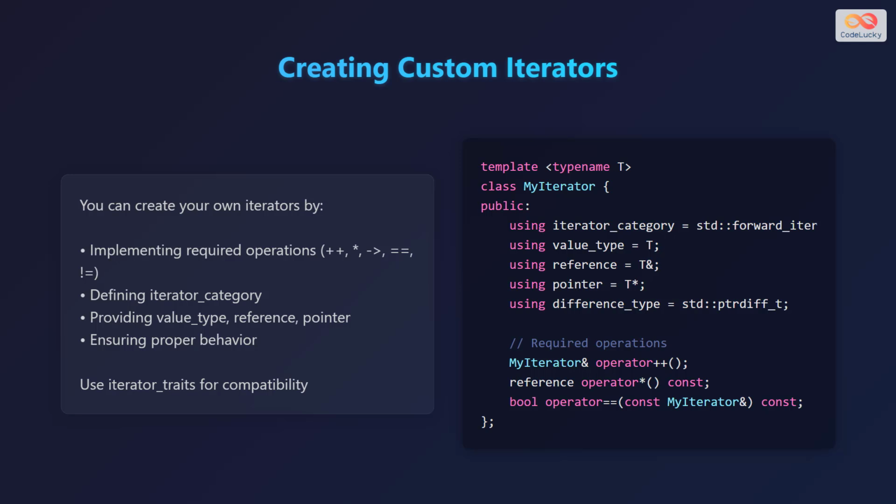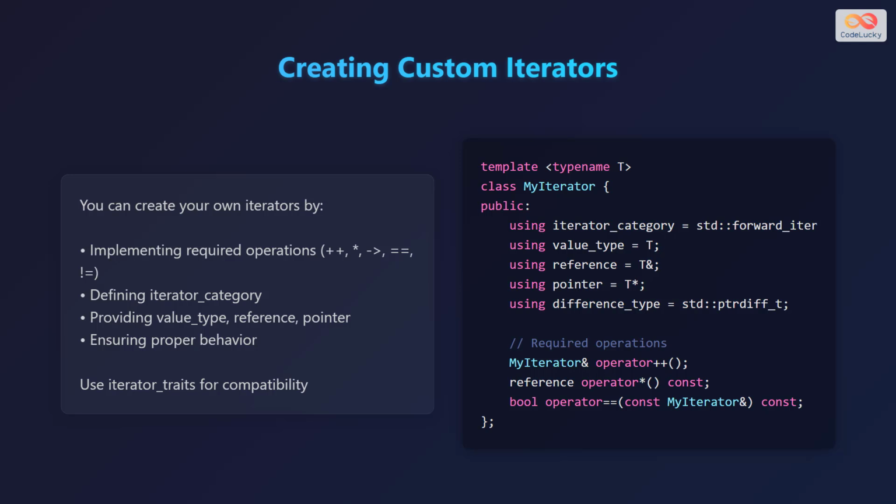In C++, you have the flexibility to create your own custom iterators to traverse data structures or collections that are not part of the standard template library, or STL. To create a custom iterator, you need to implement the required operations such as increment, dereference, member access, equality, and inequality. Additionally, you need to define the iterator category, which specifies the capabilities of your iterator, such as input, output, forward, bidirectional, or random access.